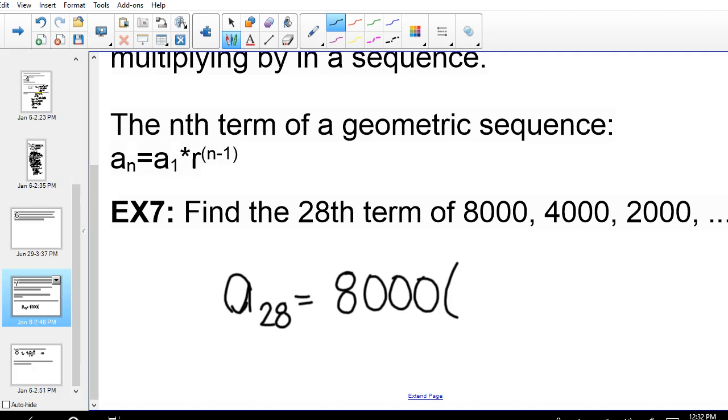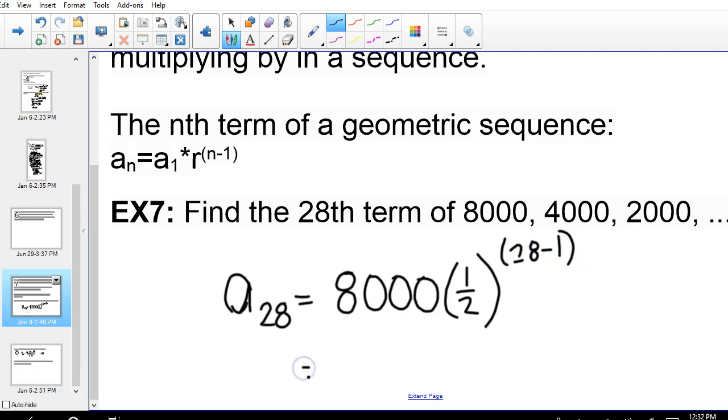And Skylar told me here that I was dividing by 2. But I can't use 2 as my r here because I was not multiplying by 2. What was I multiplying by? What's the same as dividing by 2? I'm multiplying by 0.5 or 1/2, whichever one you want to use there. So you've got 1/2 to the 28 minus 1.